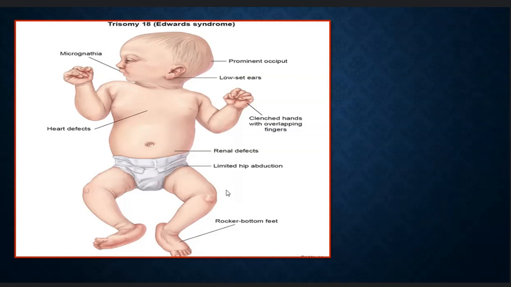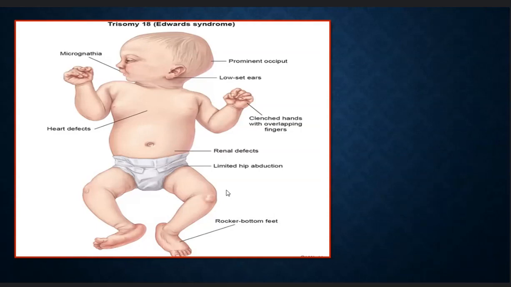And from its name, trisomy 18, there is an extra chromosome, its order is 18. The incidence of this disease is about 1 in 5,000. Like trisomy 21, here there is an increase in the risk with increased maternal age, because the mode of affection here, yes, it is a genetic problem.